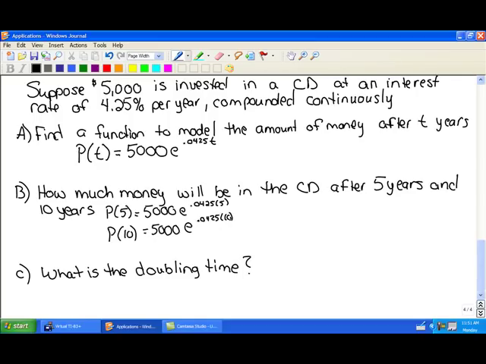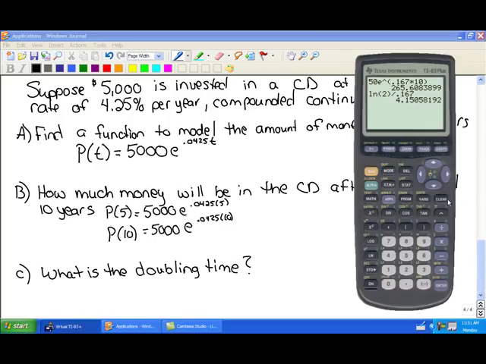So now all we need to do is punch these into our calculator. For the first one, I'm going to put 5,000 times my E raised to the 0.0425 times 5 power, and that's going to give me $6,183. And remember, with money, we're always going to round to the hundredths or the pennies place, and 83 cents.